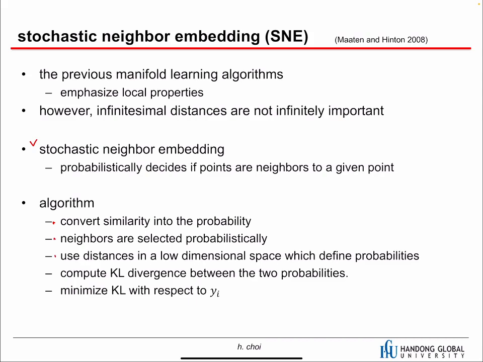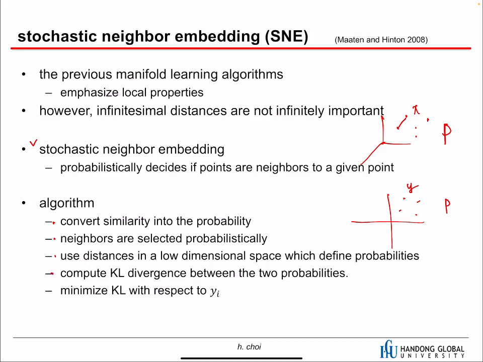And then we use the distances in a low-dimensional space which define probabilities. So in a high-dimensional space, we have points, and then we use this distance to define the probability. So now we have a probability here. And then in a low-dimensional space, this is x, and we have y's. And then we can define the probability too, right?